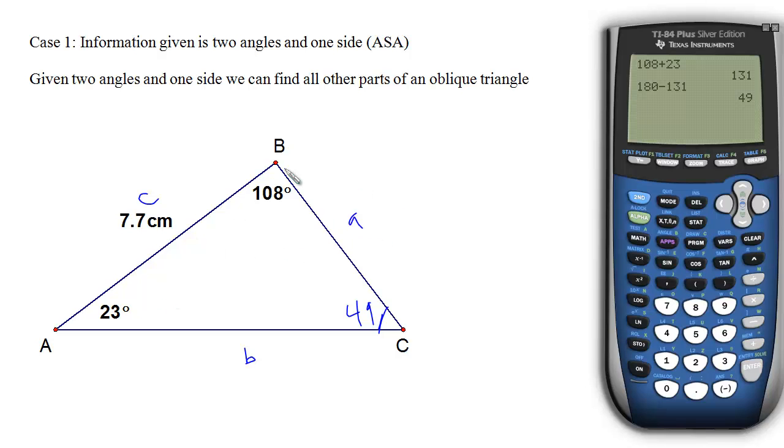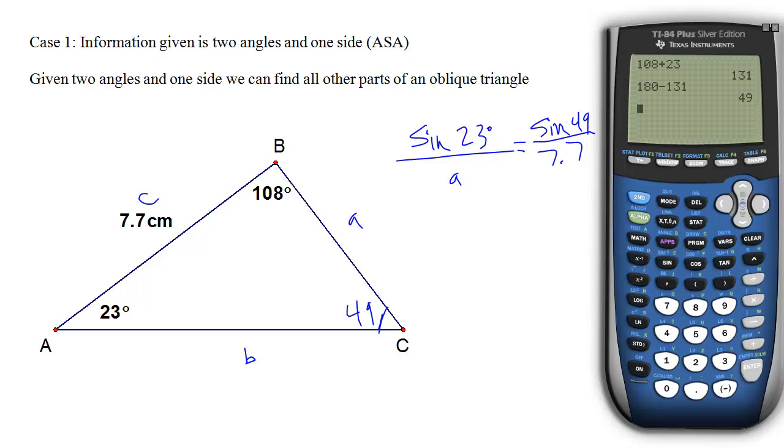So I know that the sine of angle A over length A is equal to, now notice I've already got an unknown quantity right here, so I need to build the full ratio on this one in order to set this proportion so that I can actually solve it. So I'm going to use this side C because I know that side length and I know that this angle is 49. So I'm going to say the sine of 49 degrees over 7.7.